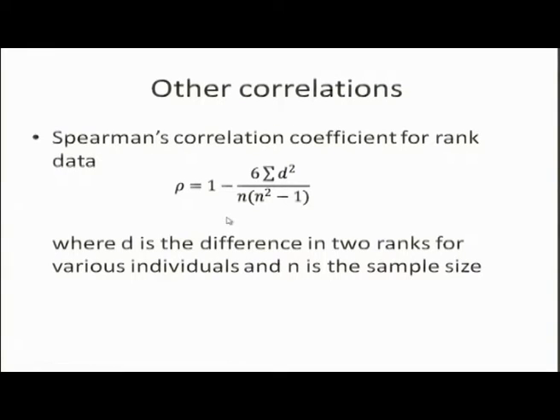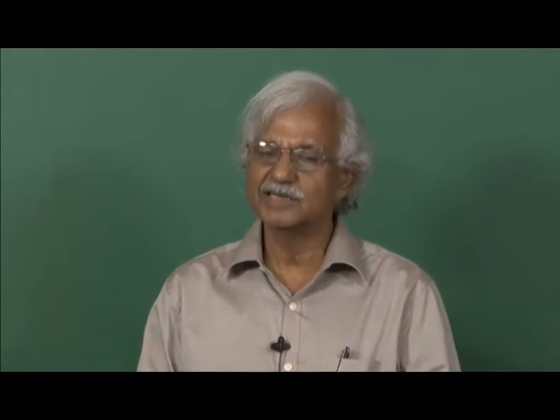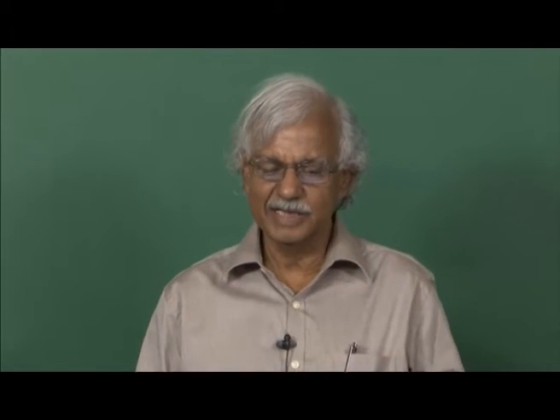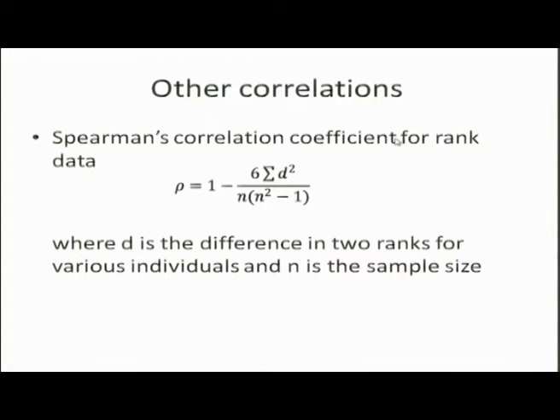Sometimes you are dealing with rank data. The earlier correlation coefficient is called Karl Pearson's correlation coefficient, for raw data of x and y on interval scale. If the data are on ordinal scale and you are dealing with ranks, then you can calculate Spearman's correlation coefficient.